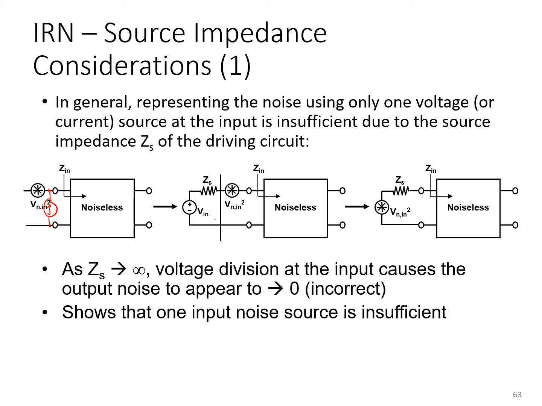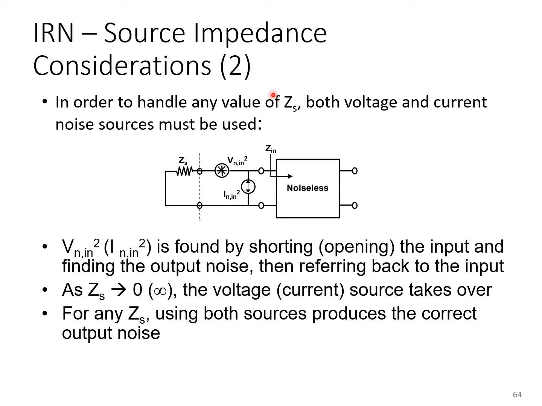But another way to do so is to simply find the input-referred voltage noise source with the particular source impedance already in place. So if we wish to develop a model for a noisy circuit using two preferred noise sources, a voltage and a current source, we can do so as shown here.